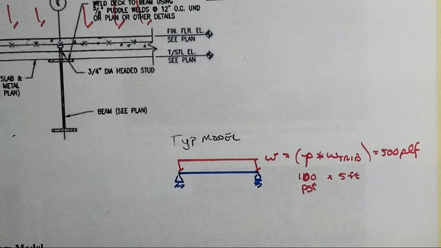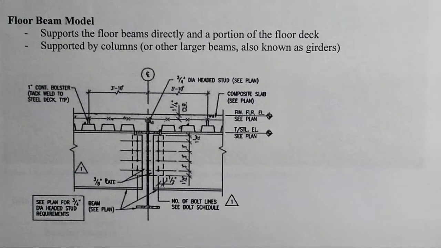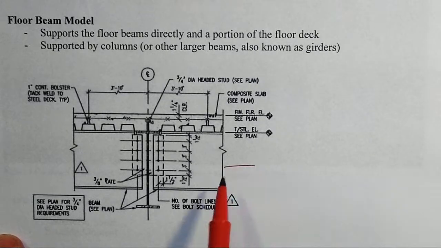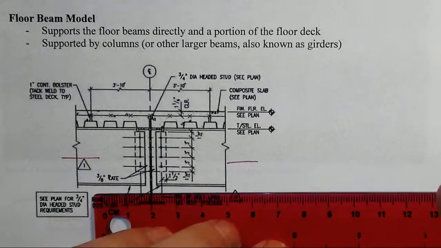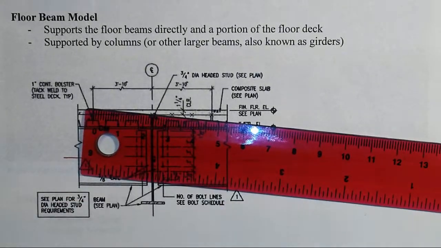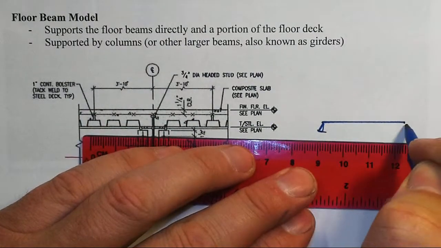About how that would all tend to be modeled. Right? Now, the floor beams then, or sometimes called girders, support other beams, and so their model here is we've got these other floor joists framing in. Here's the beam that we're now looking at supporting a portion of the floor slab too, and that model would tend to look something more like this. Right?